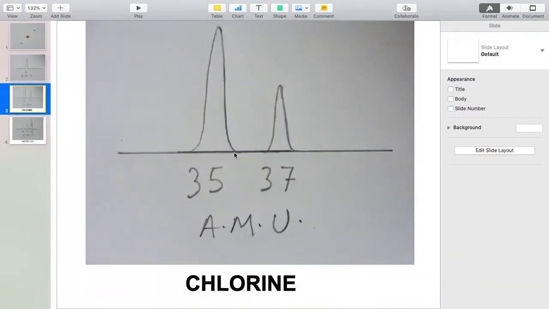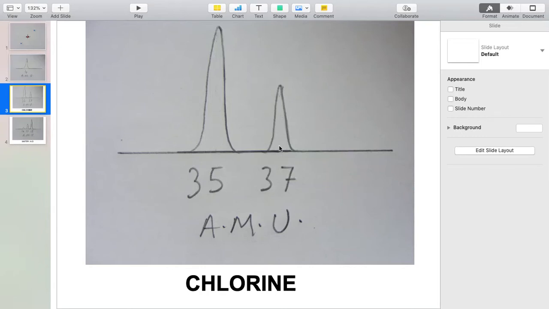So there are 2 types of chlorine. One type has a mass of 35, and the other has a mass of 37. So if you have a mass spectrometer that can distinguish between these 2 different types, or isotopes as they're called, you can see that there are 2 different types.